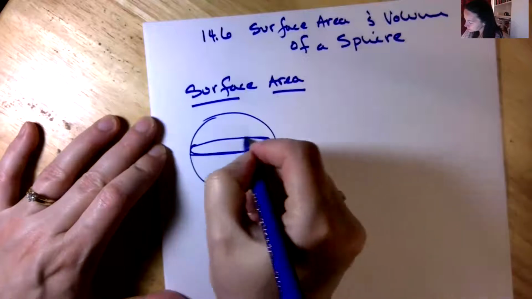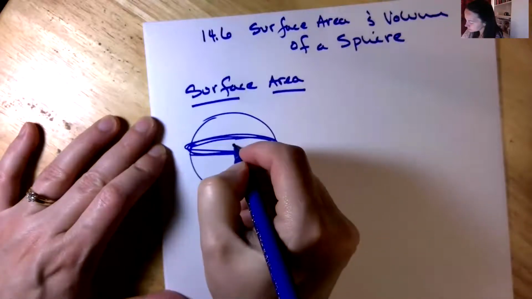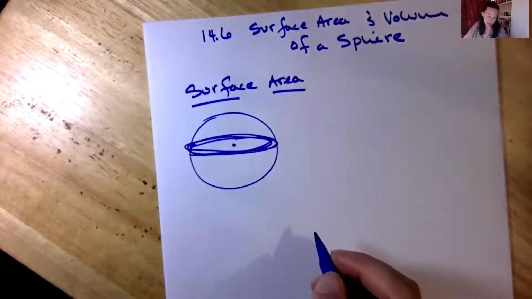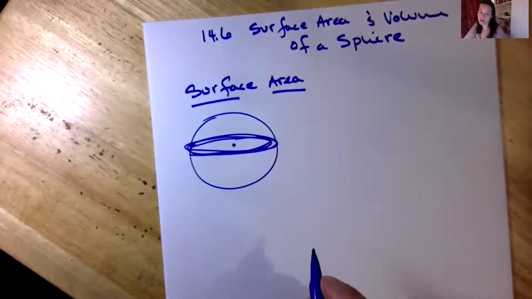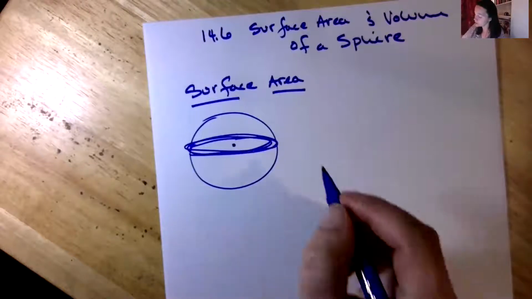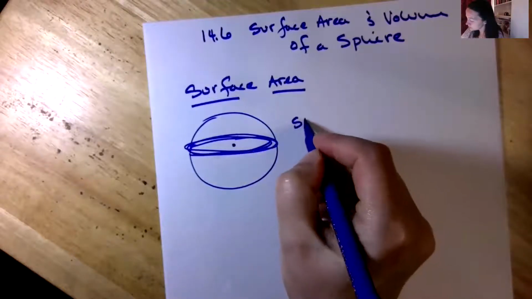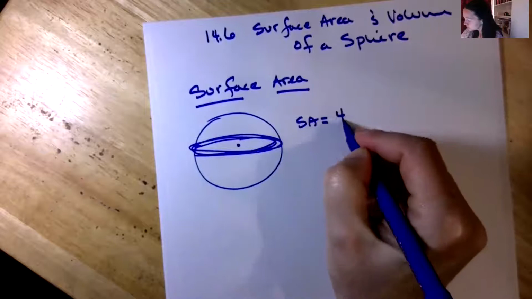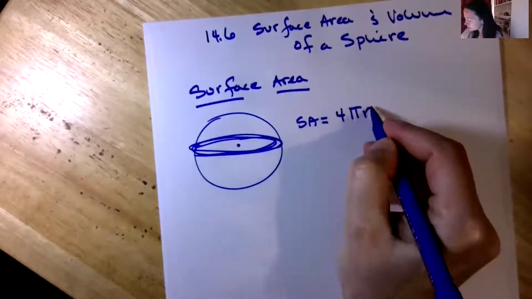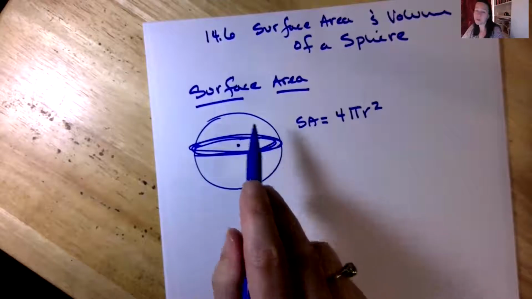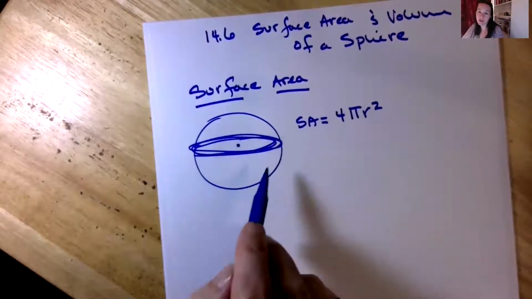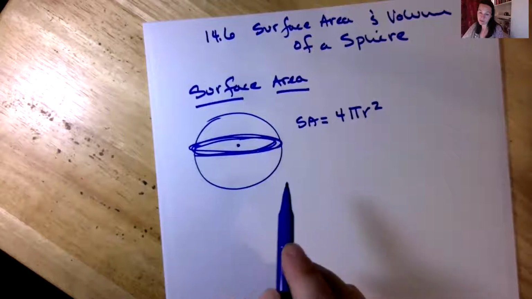The surface area of a sphere is 4 times the area of the great circle. So surface area of a sphere is equal to 4 times pi r squared. If I were to take the circle that's in the center and put that over the outside of the sphere itself, there would be 4 of them.